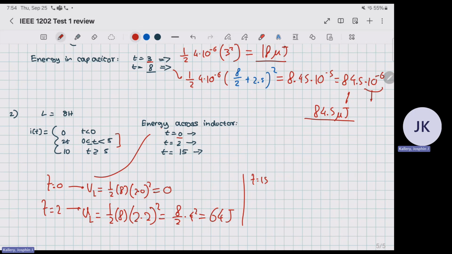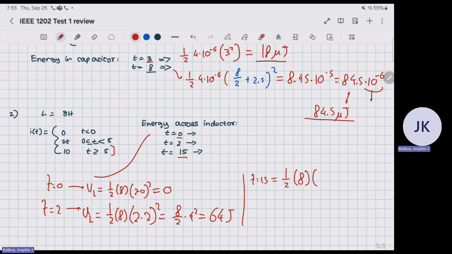Okay, now let's do the third one. T equals 15. So once again, we need to start with the equation. So 1/2 times 8, which is our inductance. And then for our current, we need to consult that piecewise function again. So we have t equals 15. So we'd use this one because this one is defined for when t is greater than or equal to 5.